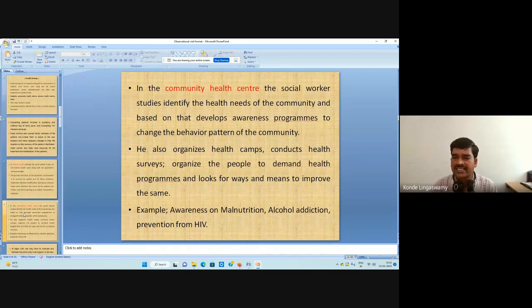The social worker also organizes health camps, conducts health surveys, organizes the people to demand health programs, and looks for ways and means to improve the same.